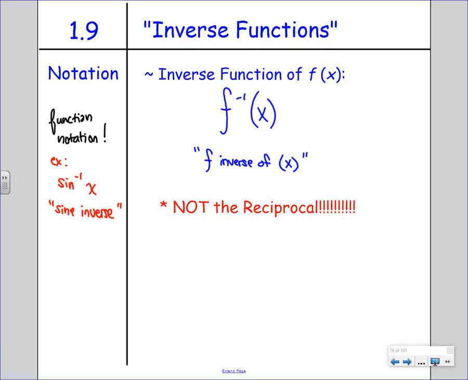So, inverse. What is an inverse? If it's not a reciprocal, what is it? Do you guys remember anything about inverse functions? How to find inverse functions? Switch the x and y and solve for y. Depends how you do it. It's either take a function, solve for x, or switch x and y, solve for y.